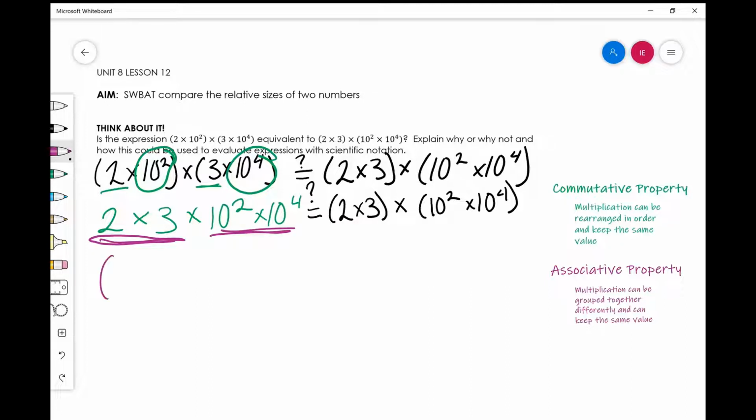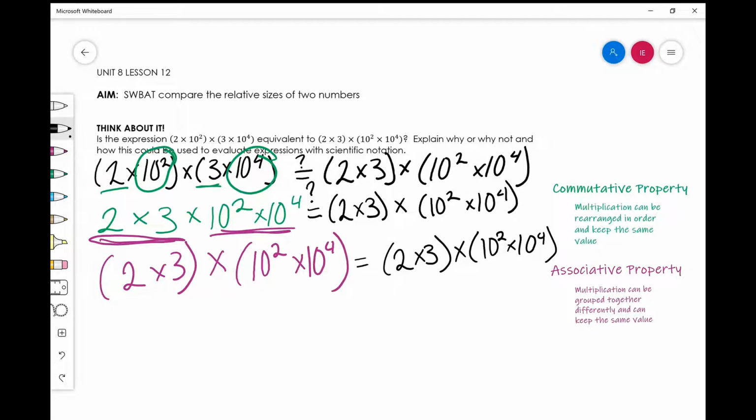So I can have 2 times 3 multiplied by 10 to the power of 2 times 10 to the power of 4. Now I can see that each expression is the same, which means that these values are equivalent to each other.